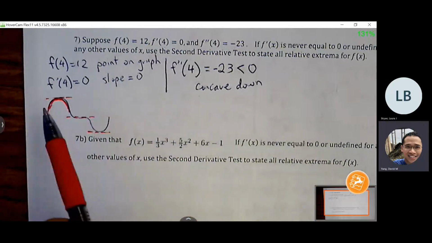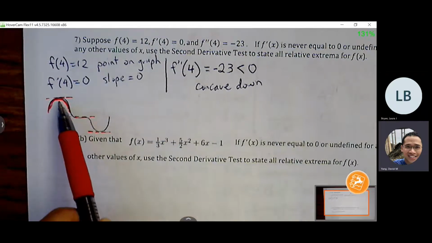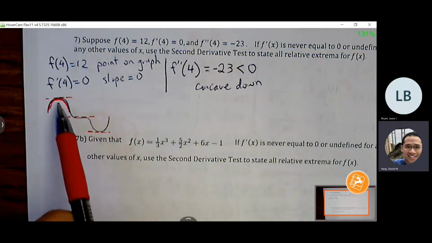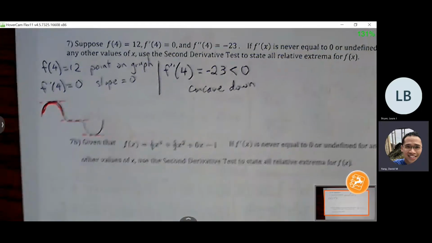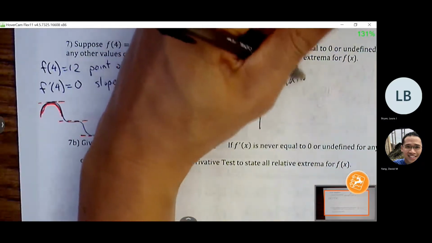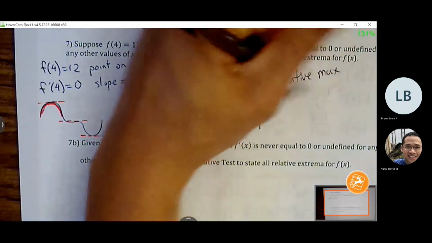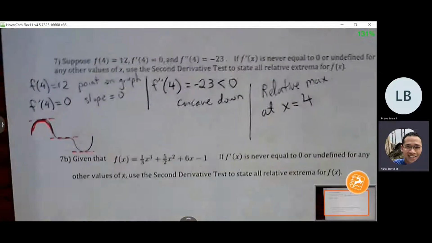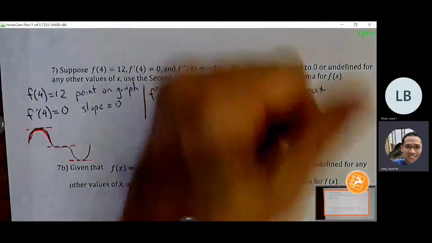So if we're pairing an ordered pair, a slope 0 and concave down, the only conclusion we can make is that the point we're staring at must be a relative maximum. Okay. In this case, we have the ordered pair, which is at 4, 12.